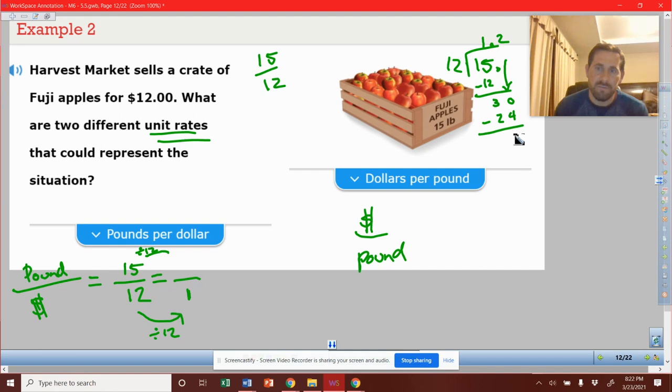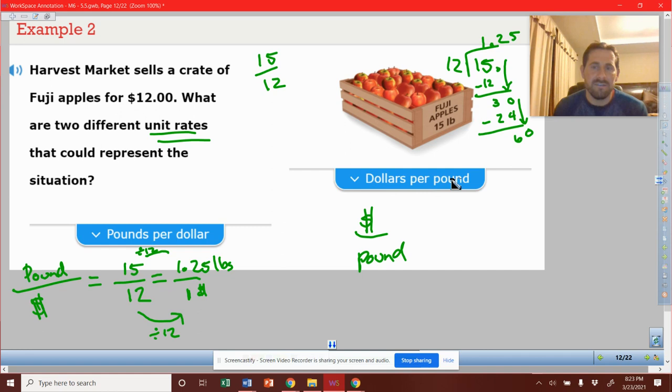And 30 minus 24 is 6. And we'll bring down another 0. How many 12's go into 60? 5. So we get 1.25 here. So that's 1.25 pounds for every $1 that you spend. Okay? So that's a way we can look at it.